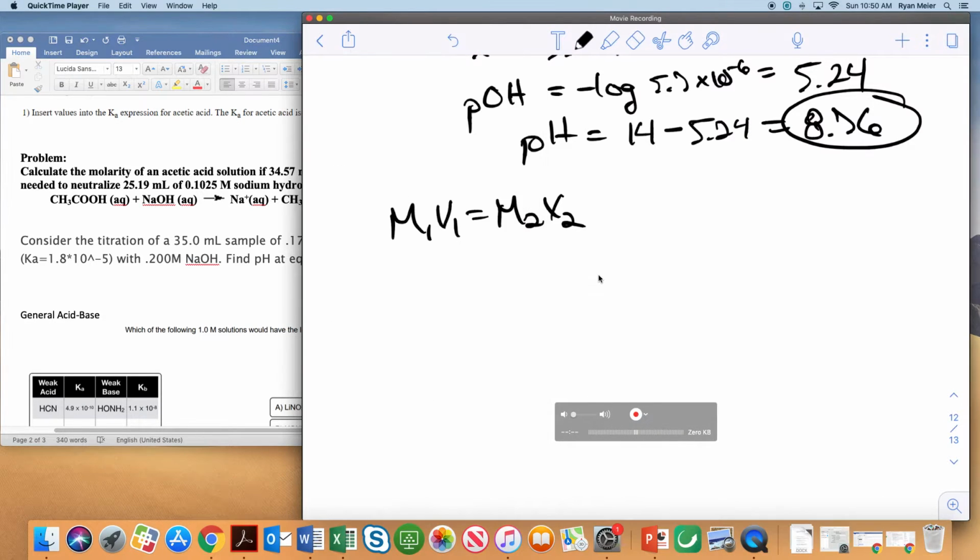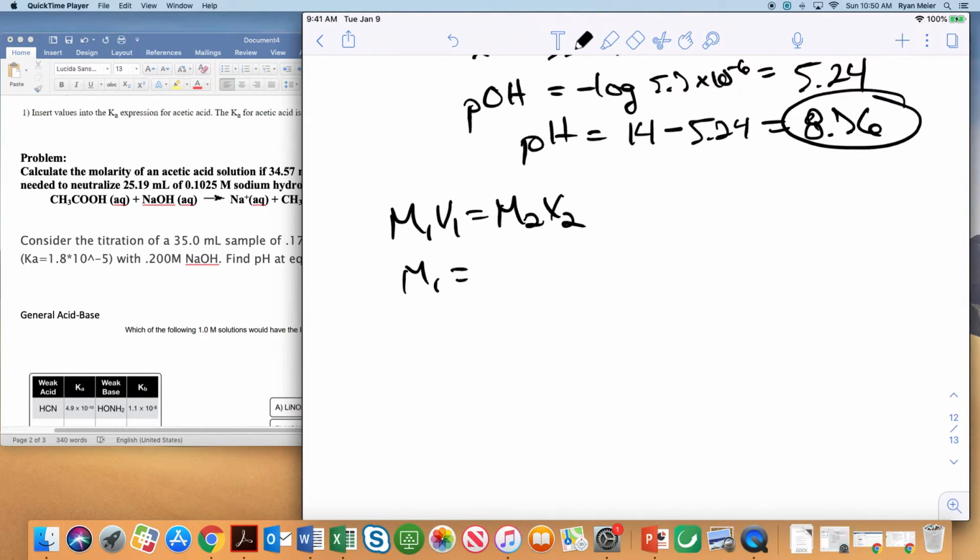Right, and I get to use this because where we fully neutralize everything, my moles of acid and moles of base should be equal. And so I want the molarity of my acid. I'm basically looking for M1 in this case. So M1 should be equal to the concentration of the base, which is the 0.1025, times its volume, which was 25.19 milliliters.